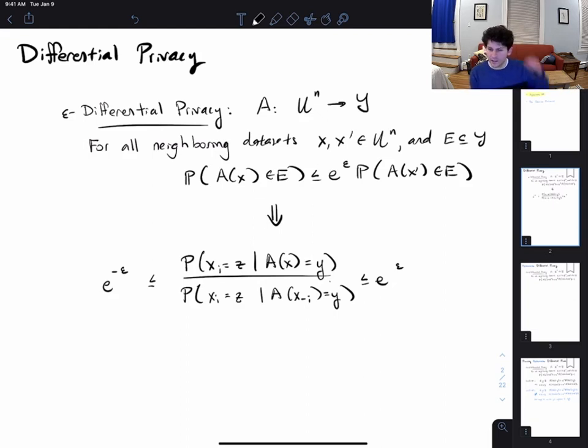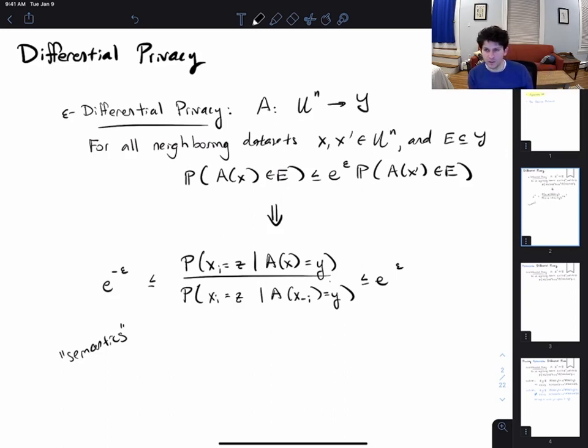And the reason we want that is for a strong kind of semantic guarantee that says if you condition on seeing a particular outcome y, then what we believe about some particular input xi shouldn't change too much depending on whether y came from A of x or A of x prime, where in this case x prime is x without the data xi at all.